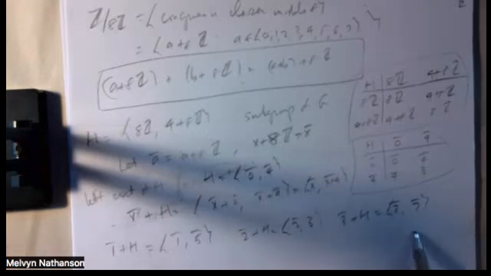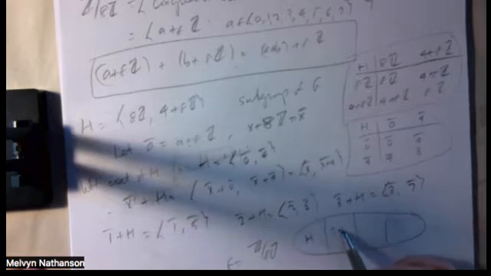So you see, if this is the group Z mod 8Z, there are 4 cosets. I have H, 1 plus H, 2 plus H, and 3 plus H. This is 0 and 4, 1 and 5, 2 and 6, 3 and 7.